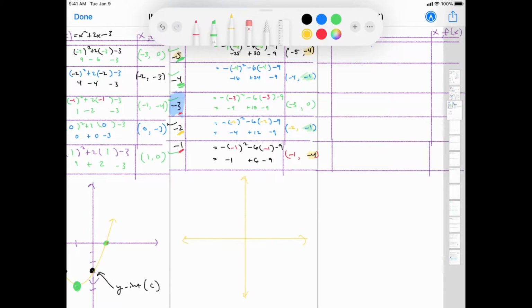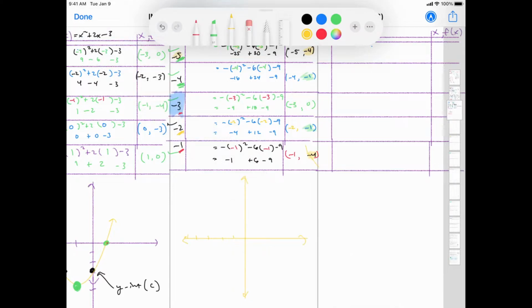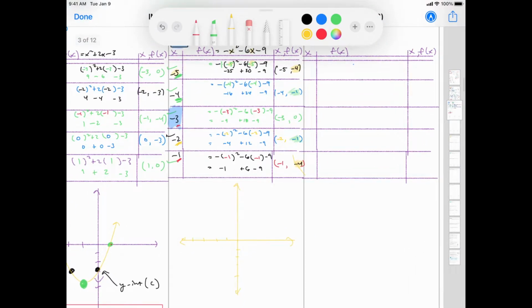And we're going to the negative side. Let's go this way a couple of directions. And let's do negative 5, negative 4.